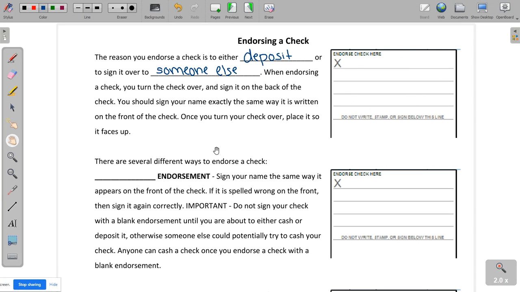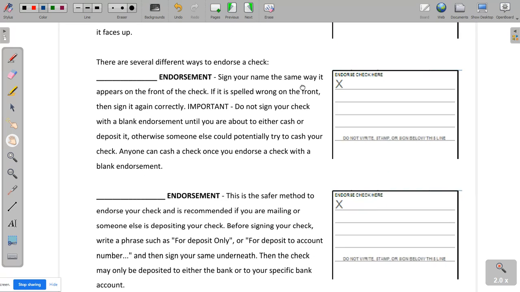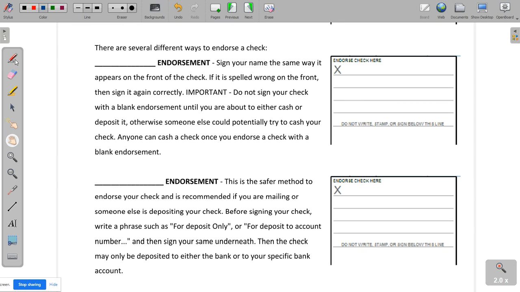So there's different types of ways to endorse a check. The first way is a blank endorsement. So you're going to sign your name the way it appears on the front of the check. It's very important that you do not sign your check with a blank endorsement until you are about to cash or deposit it.